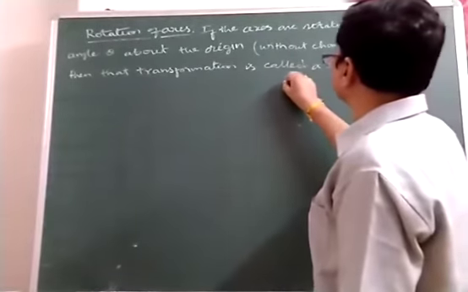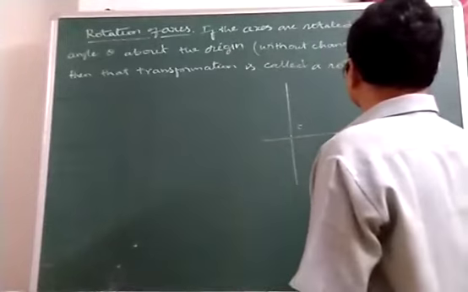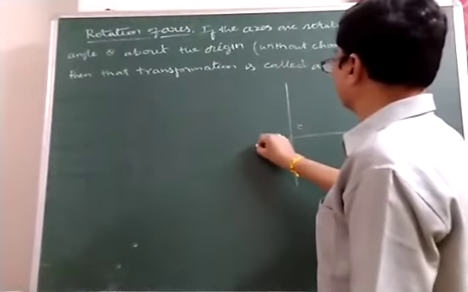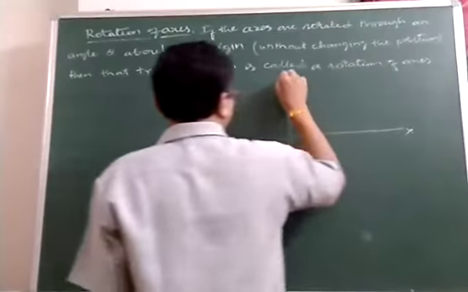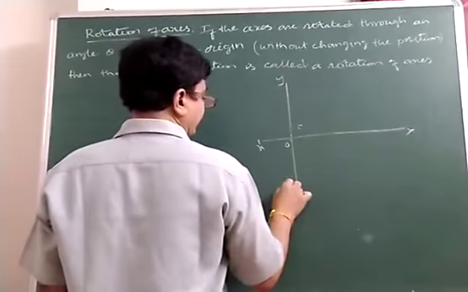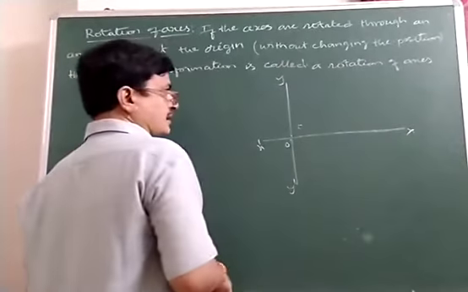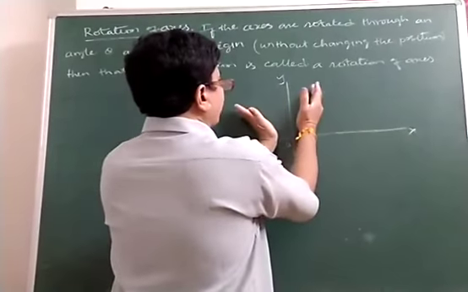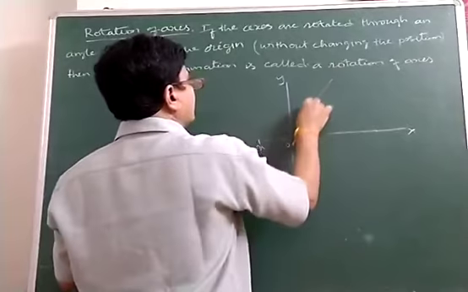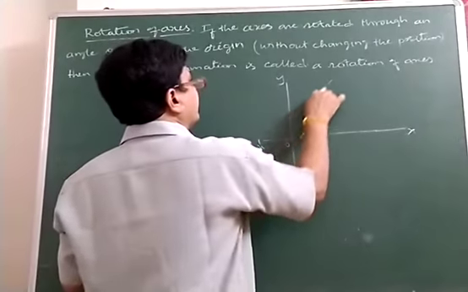For example, this is the coordinate axis. This is the origin, x negative and x positive, and y positive and y negative. These are the coordinate axes. If this coordinate axis is rotated through an angle theta, now this is the new coordinate axis.